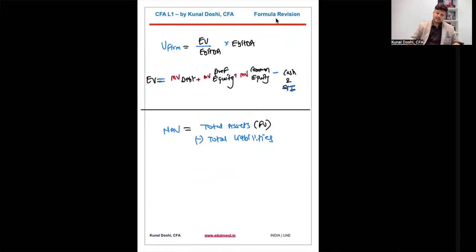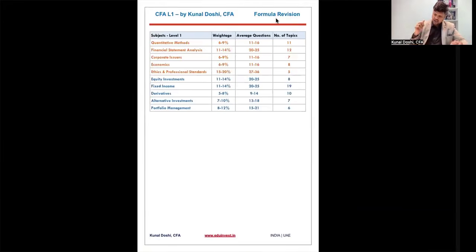Correct. That's it. That's the end of all the formulas of your equity. Nothing more than this. All good, everyone? Clear? All the equity formulas? Equity check, confirm. All good? Yes.